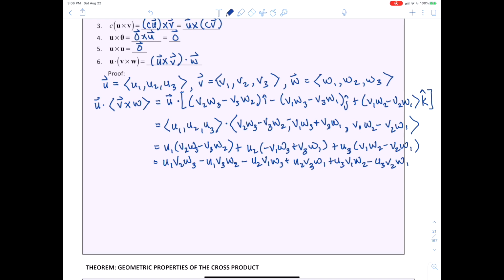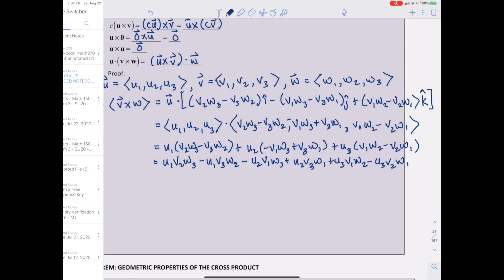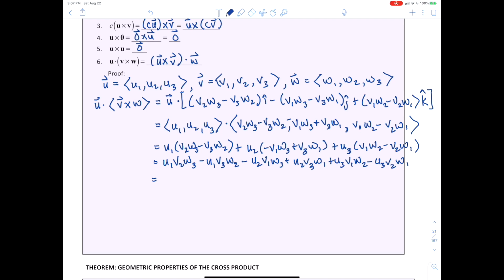Okay, so let's see if we can zero out any of these things. Nope. Okay, so here's what we're going to do. We're going to group together the terms that have W1s, okay?